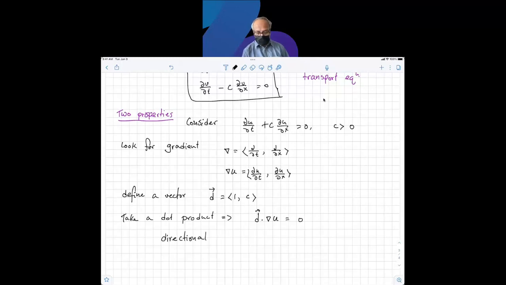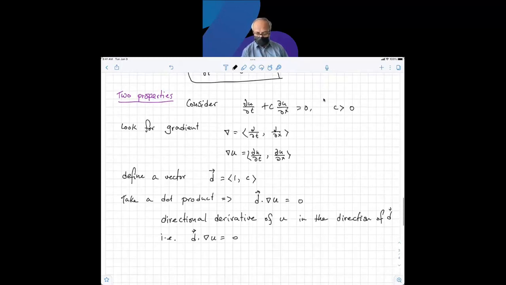The directional derivative of u in the direction of d vanishes.